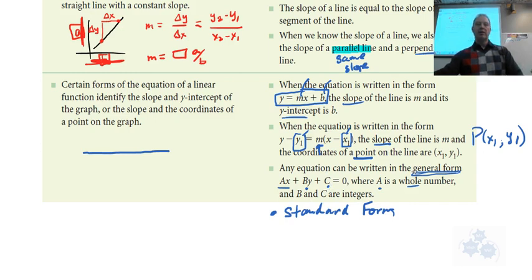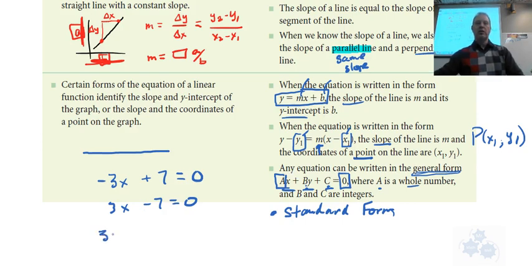In order to be in this form, we have to have a be a whole number, b and c must be integers, they must be in this order, and we must have equals 0 on the other side. So this is not in general form. This is in general form, technically. Now, you might say, Mr. Master, we don't have a y value there?